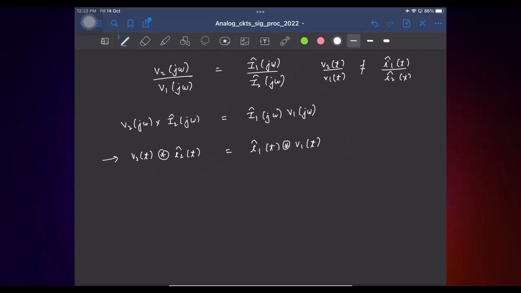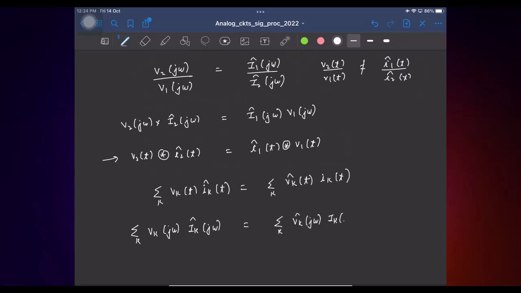The only thing we know for sure is summation over k of vk ik hat equals summation over k of vk hat ik. We saw this is true: vk of t ik hat of t is vk hat of t ik of t. And if you think about it, to get this result in frequency domain, we used the fact that vk of j omega times ik of j omega, that is, we apply Tellegen's theorem in the frequency domain.